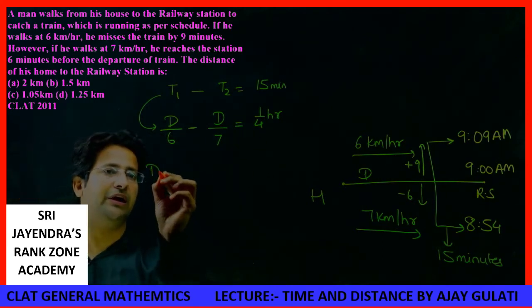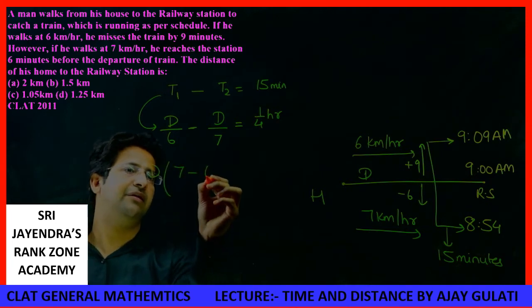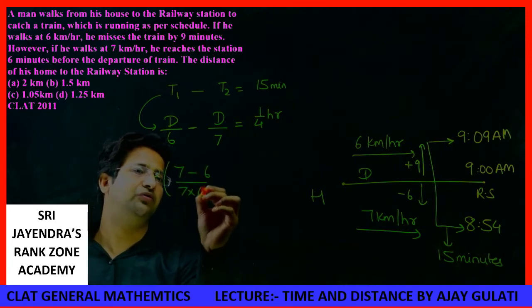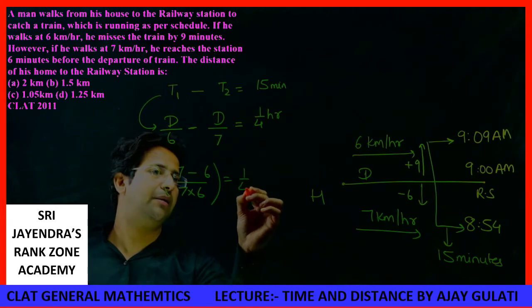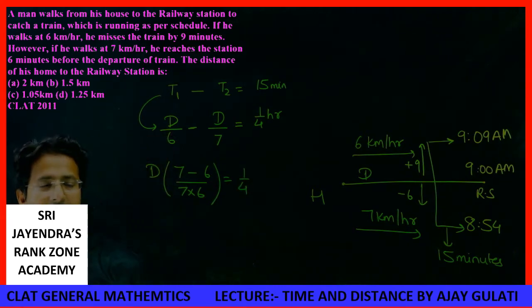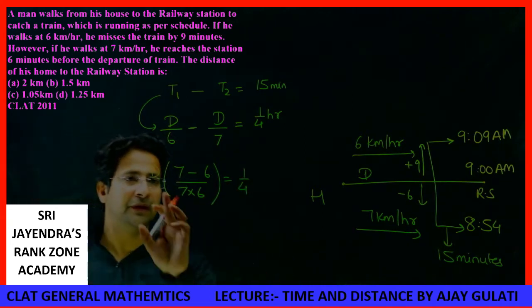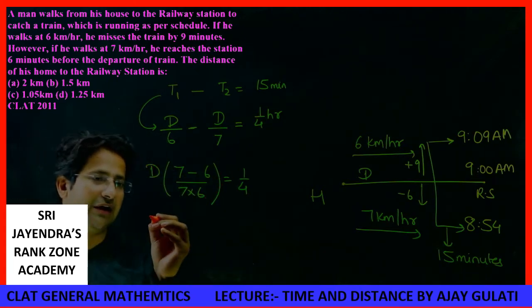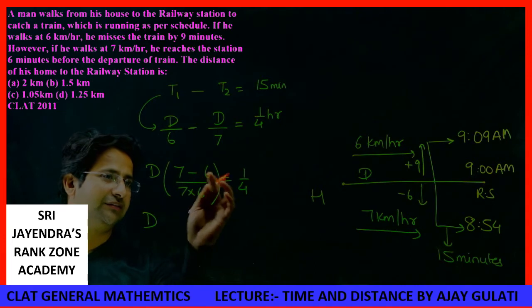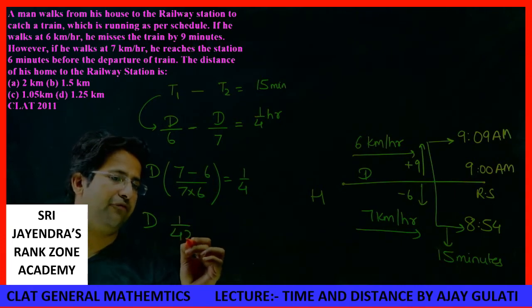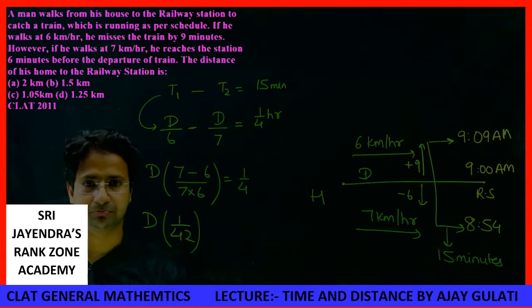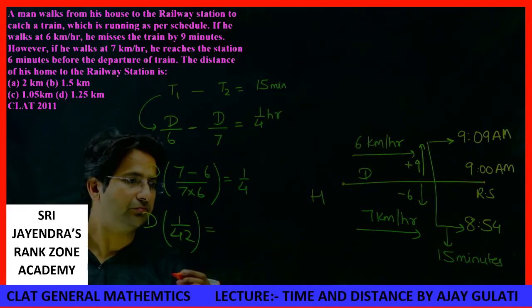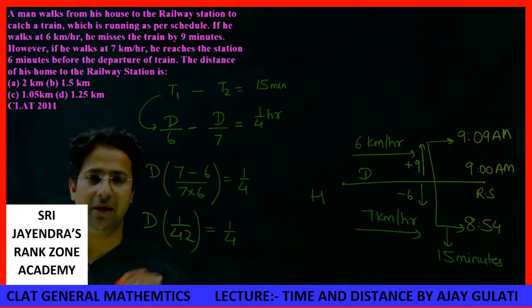Now can I calculate D? D into (7 minus 6) by (7 into 6) is equal to 1/4. I will tell you the direct formula for this also. You have got the answer. So distance will be what? D by 42 is equal to 1/4.